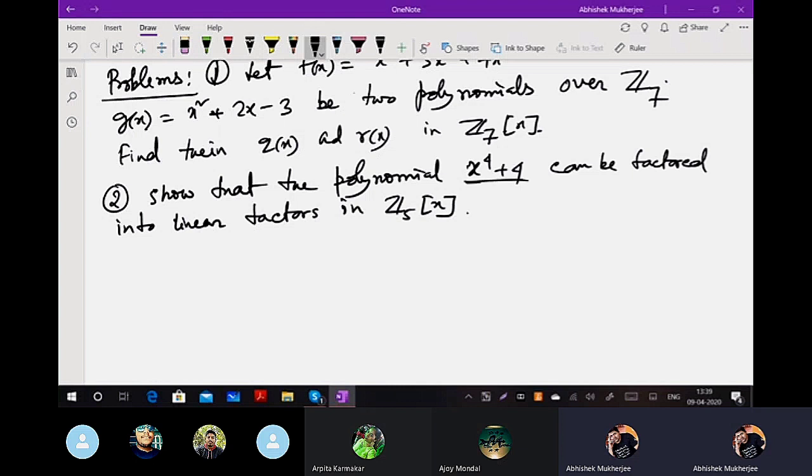Now observe that this polynomial cannot be factored in Q. This cannot be factored in Q. So what is your conclusion in Q?